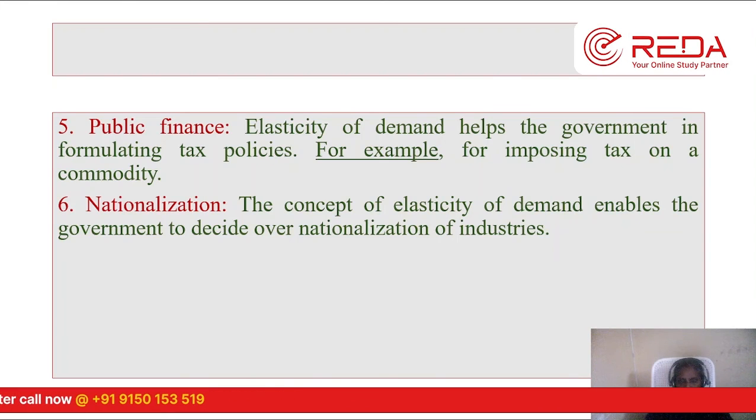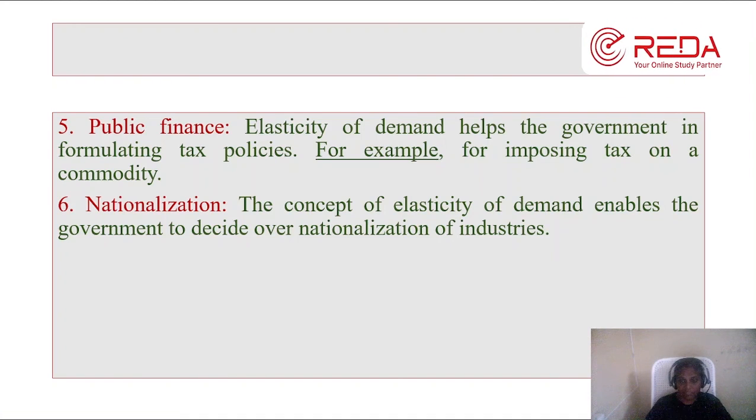It depends upon the elasticity of demand whether it can be a nationalized industry or not. At the extreme, if the industry is doing anything wrong, the government has the authority to cancel it. So nationalization of industries is commonly helped by the elasticity of demand.